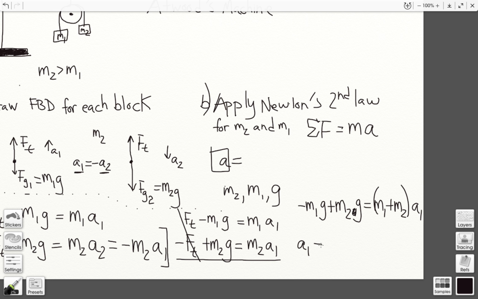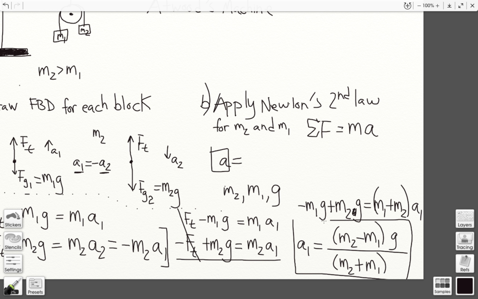So a1 is equal to M2 minus M1 times g, all over M2 plus M1. And this is the expression for acceleration for block 1. As you can see, this will be a positive value because M2 is greater than M1, and g is 9.8 on Earth, which is also positive. The acceleration of block 2, a2, is just the negative of a1. So here is the magnitude for the acceleration of each block.